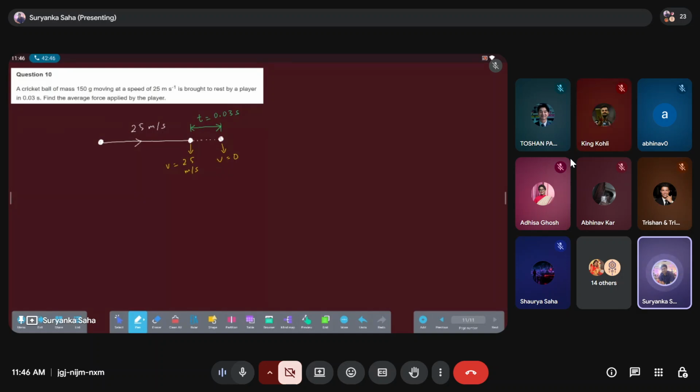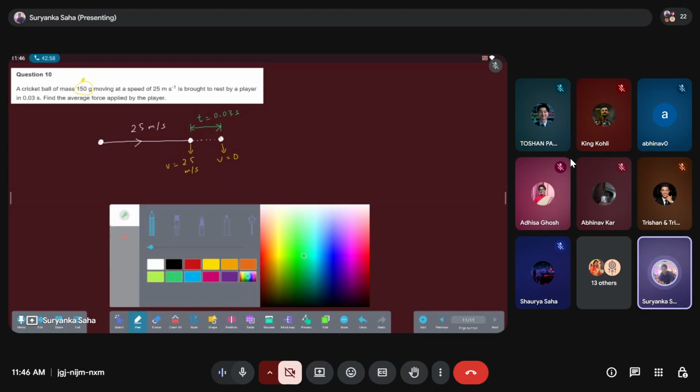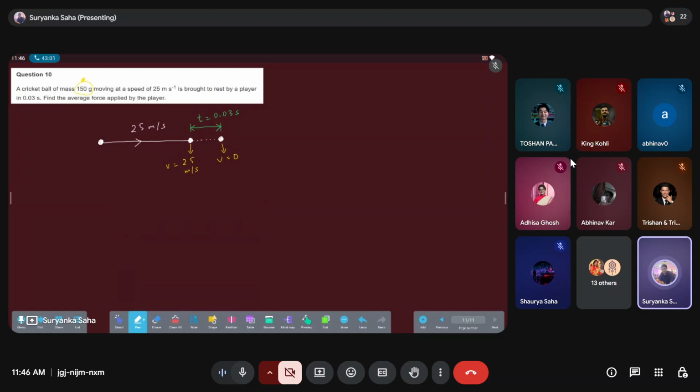Find the average force. Force is basically mass into acceleration. Mass of the ball is given, 150 gram. So let me find the acceleration in this position, basically the retardation caused by the force applied. So a will be equal to the difference of velocity, delta v by t. You can write retardation here, because from the point of view of the ball, it's retardation.